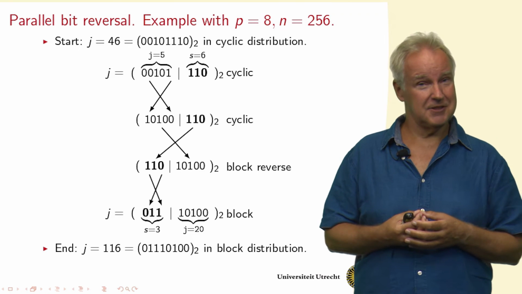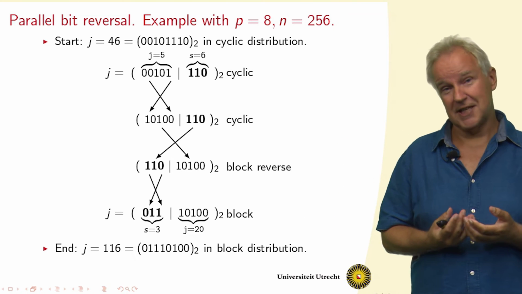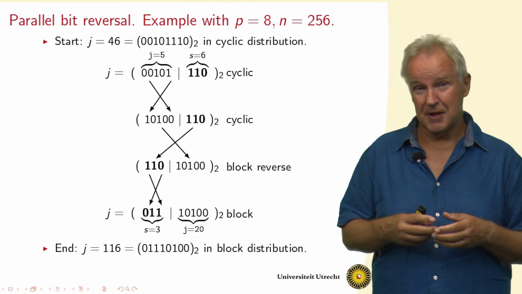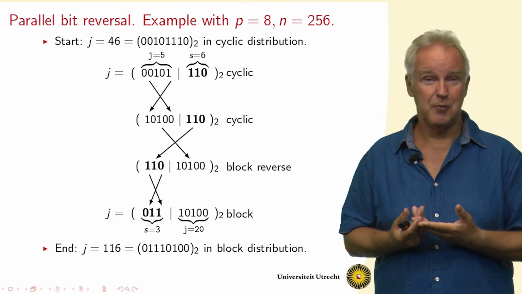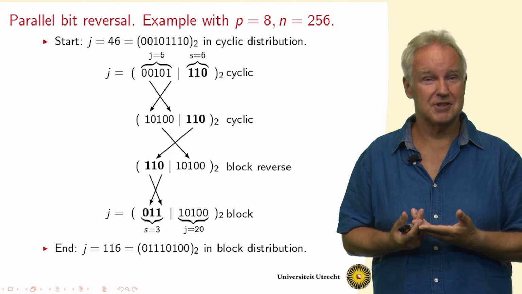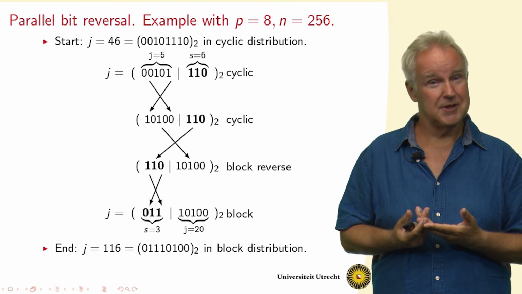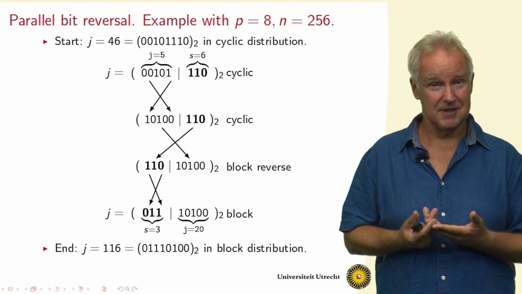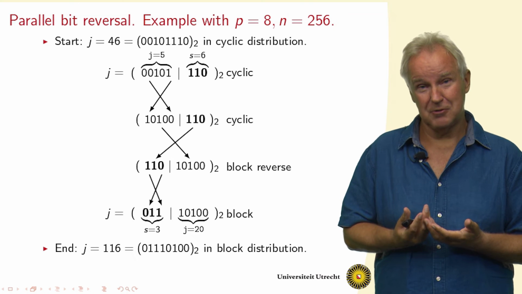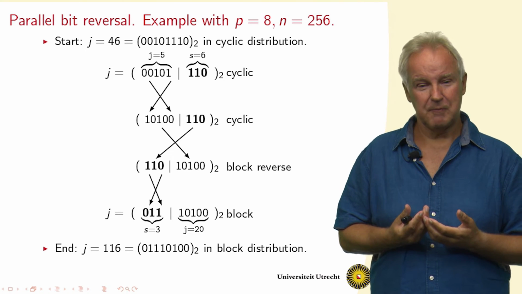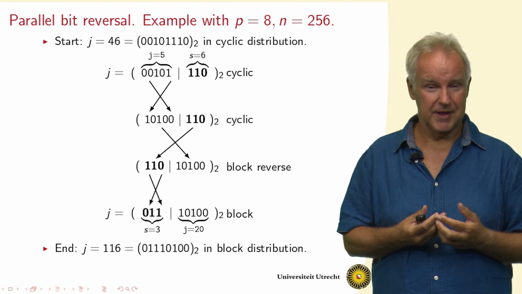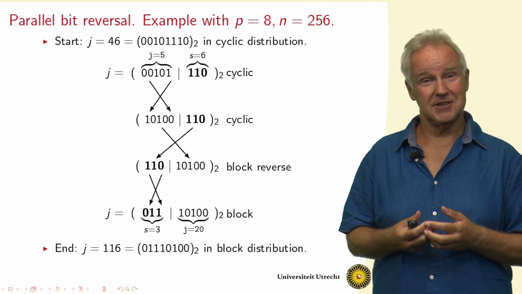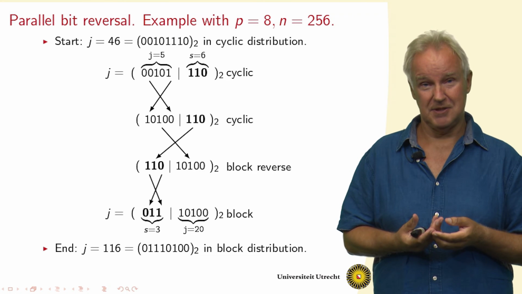In the cyclic distribution, in this case we have 8 processors, we take the number modulo 8 to determine which processor owns that element. So that's the last 3 bits. That's taking modulo 8. So the last 3 bits are 110, and that means that processor 6 owns this element.